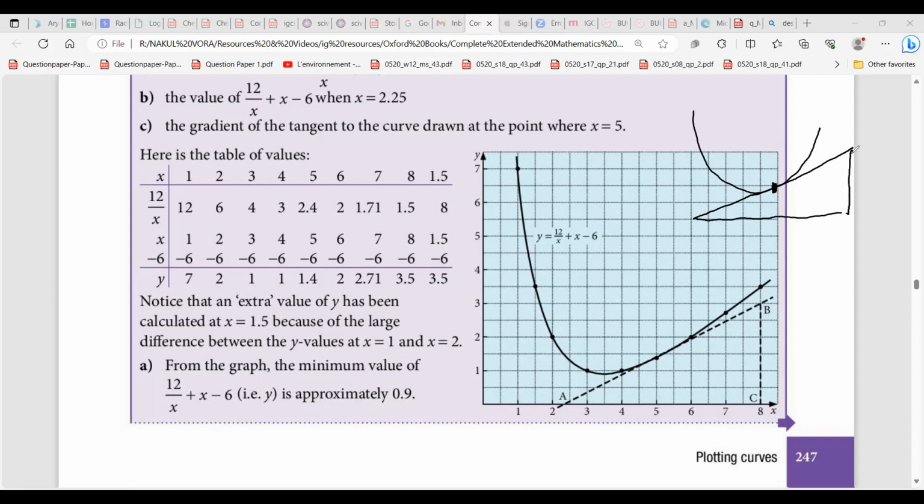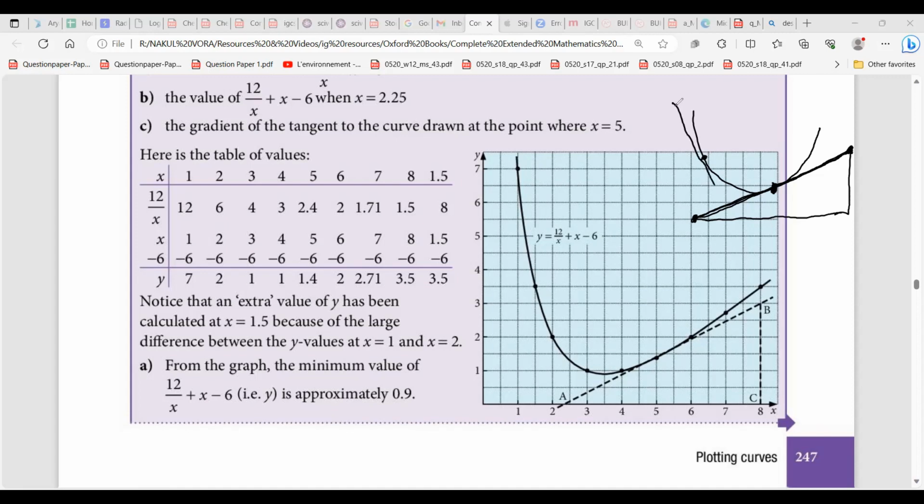Do its rise upon run. Can you find the gradient of this line which is a tangent? Yes, sir. Can you find the gradient of the tangent? Yes. Just find the gradient of the tangent and you have got the slope of the curve at that point. Sir, no, I want to find it at this point. Okay.